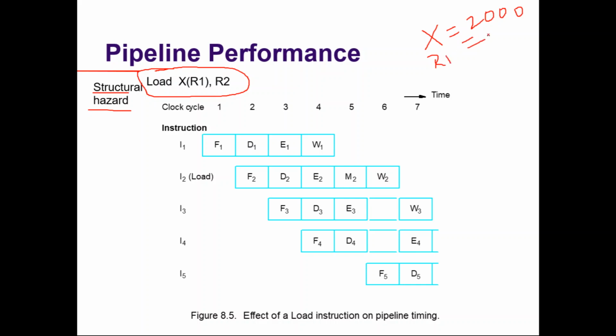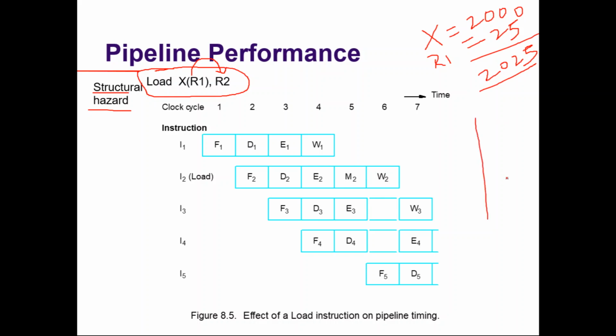Say r1 is equal to 25. Then it will add x plus r1. X plus r1 is what? 2025. Now this 2025 represents some memory location. From the location 2025, whatever data is there, a copy of that will be kept in R2.